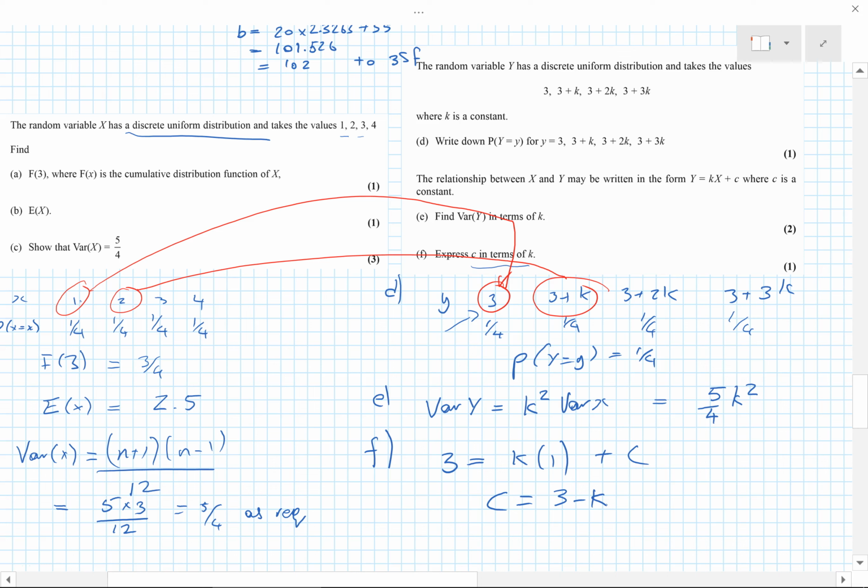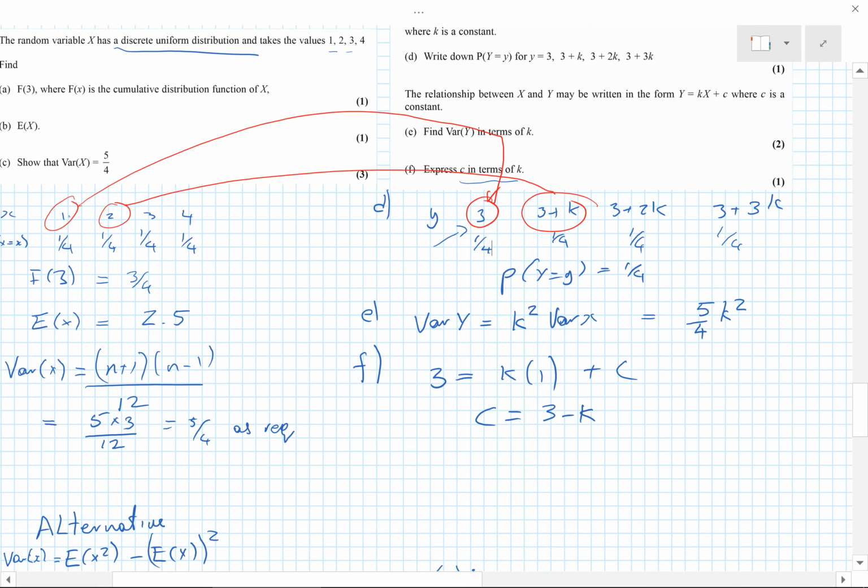But you would find the same if you did this for, I mean, obviously we've done the question, but imagine you decided for some strange reason you were going to compare the last one of each of these. Well, then we would have x is 4 and y is 3 plus 3k.